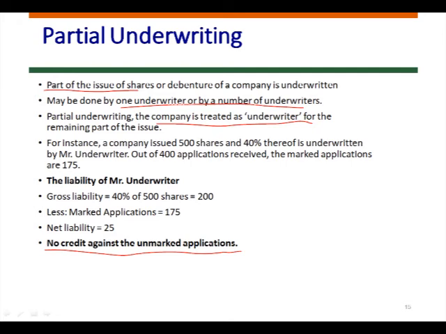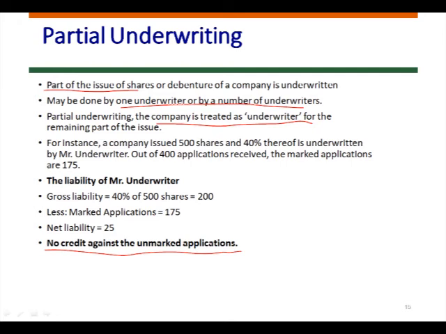So their gross liability is 200, and the marked applications, the work done through the underwriter, are 175. So net liability comes to 25.